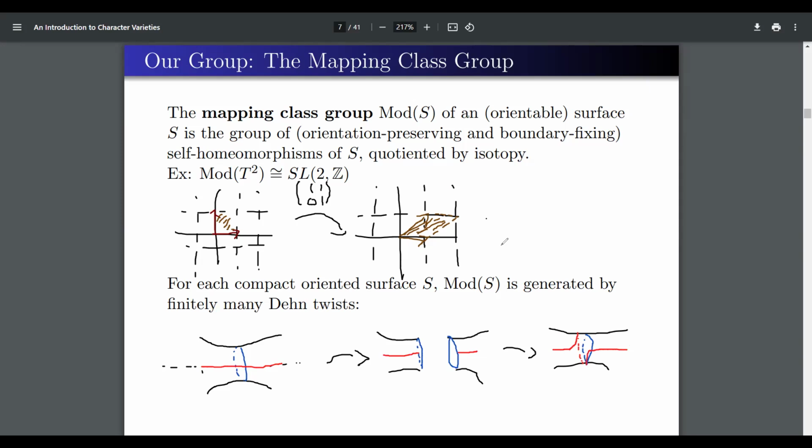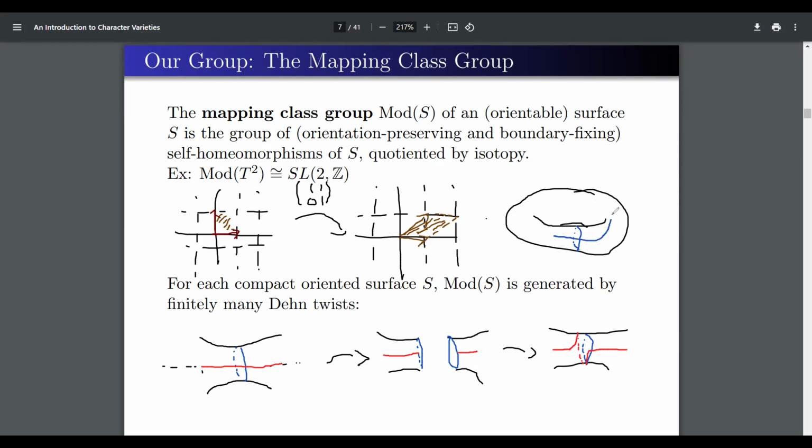And that is a homeomorphism from S to S that is not isotopic to the identity, in all cases, when the curve is non-trivial. So there you have it. On the torus, the equivalent way of talking about the mapping class group is that this 1, 1, 0, 1 matrix is equivalent to Dehn twisting around, let's say, this curve right here.